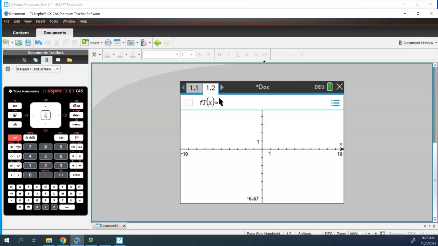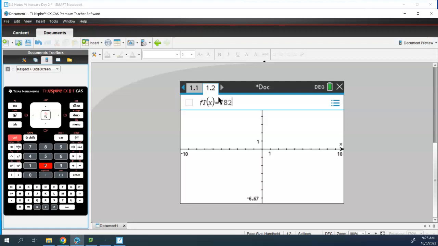That graph is going to be our function, 782 times 1.01359 raised to the x, this time I've got to go with x, even though two problems ago we labeled it t, because my function here is a function of x. Now, when you hit enter, you are not going to see it.